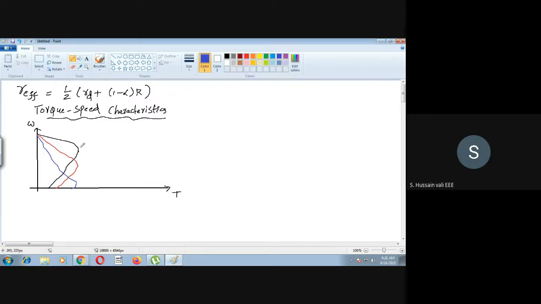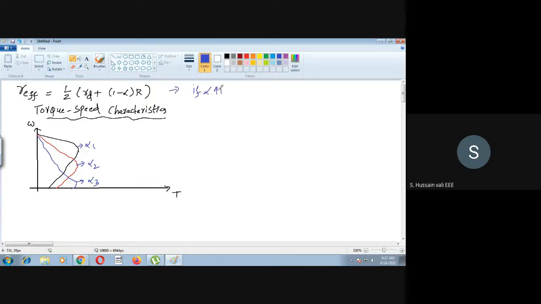This is for alpha 1, this is for alpha 2, this is for alpha 3. It's a very simple thing to understand: you go on increasing the value of alpha. What do you find from this equation?